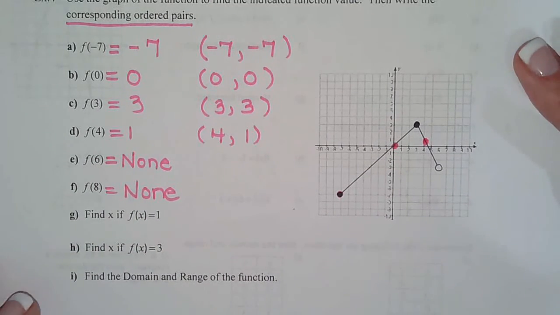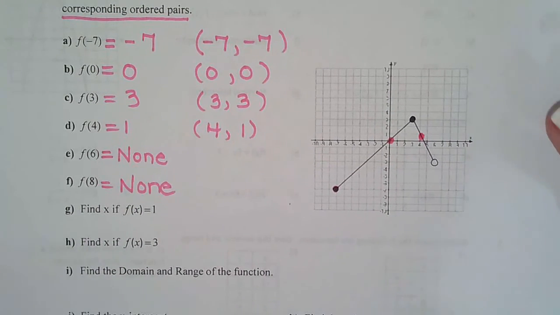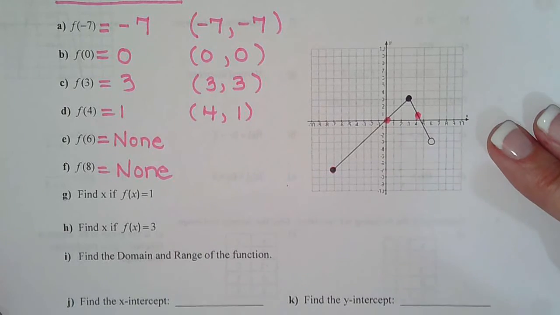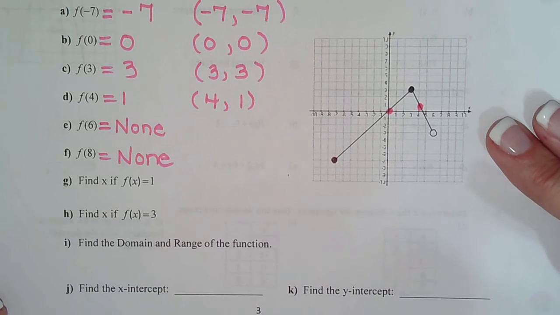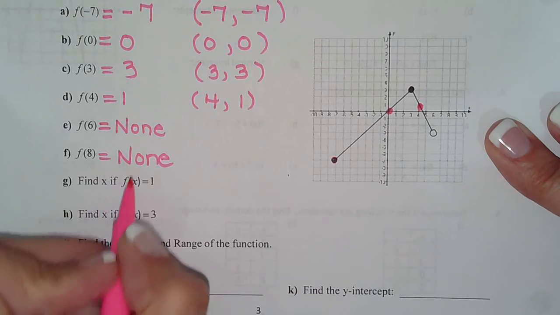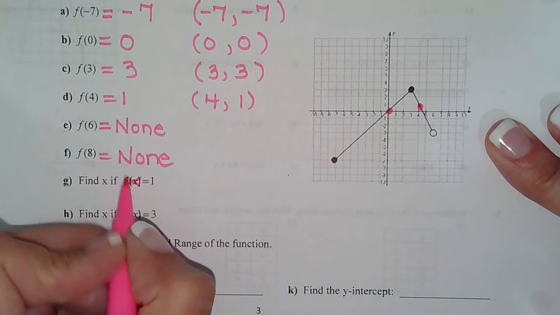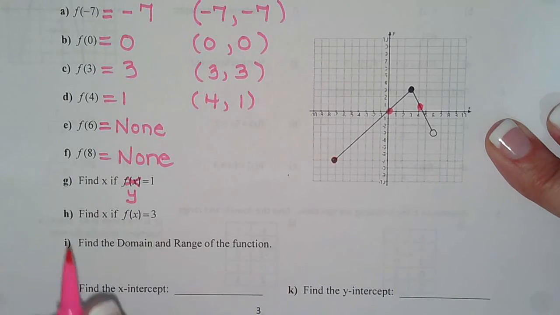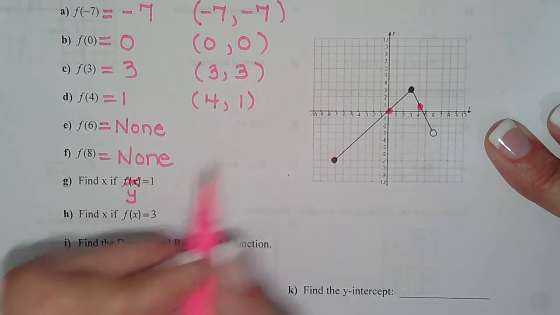Okay, now here's the tricky ones, because they're asking us to find x this time. So I look here and go, oh yeah, right, that's y. So y is 1.